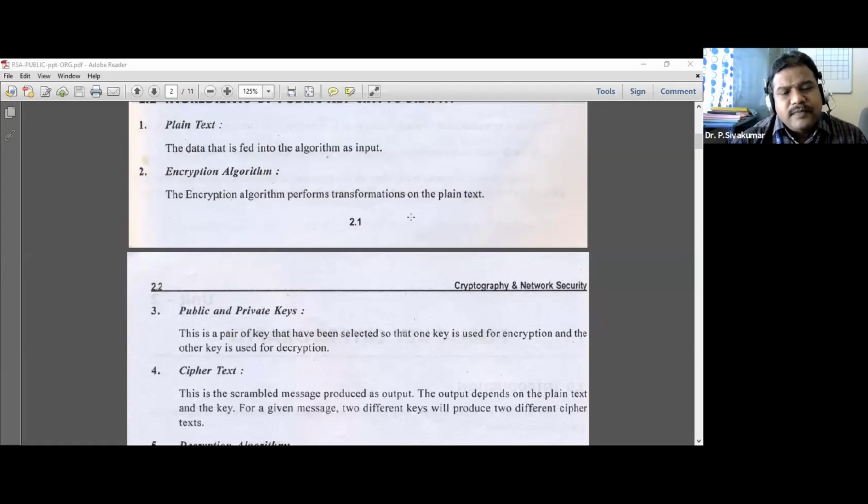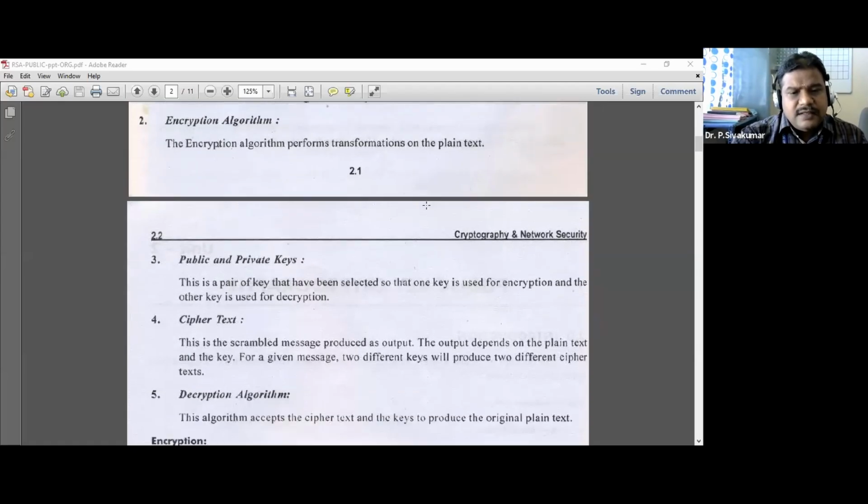Fourth component, ciphertext. Ciphertext is a scrambled message. You know it very well. After the encryption process, we get the ciphertext, that scrambled message, to send to the receiver via the internet or some communication link. Next, the fifth component is the decryption algorithm.